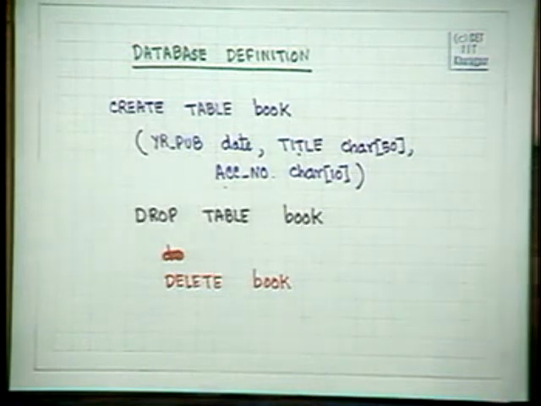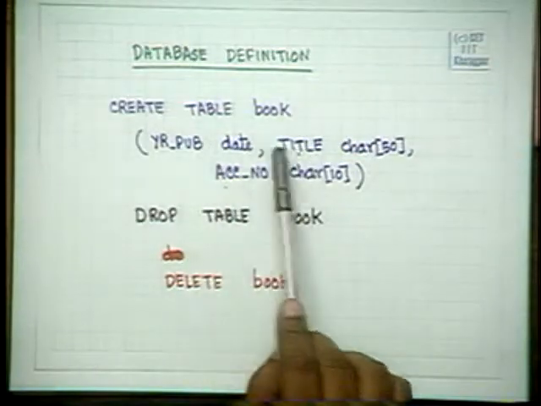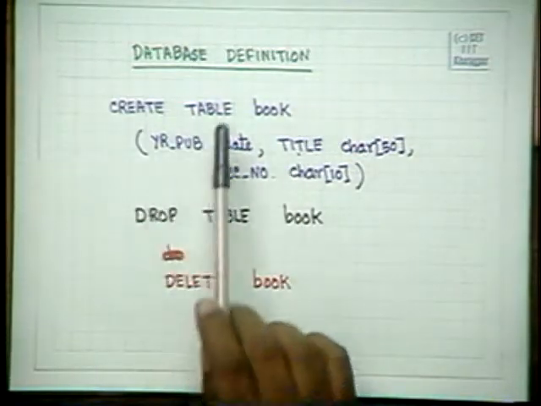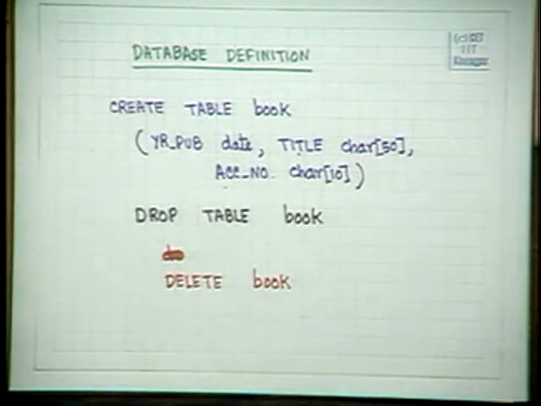And you have other constructs like alter table, in which you may be able to change some of these attributes. But these are the two basic definitions which will allow us to define a database. But that is not all which a database language provides. A database language does not merely provide facilities for data definition and data manipulation.